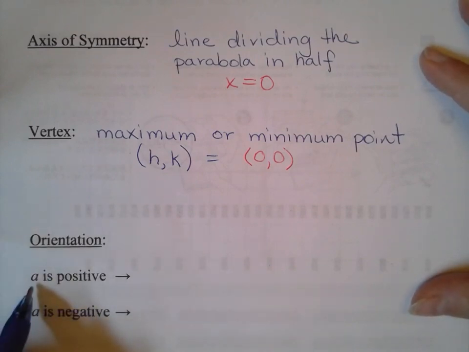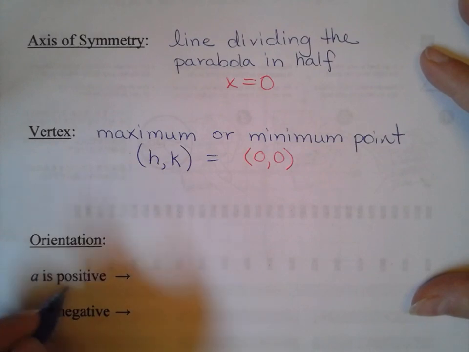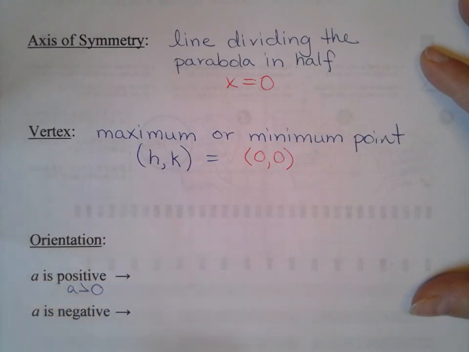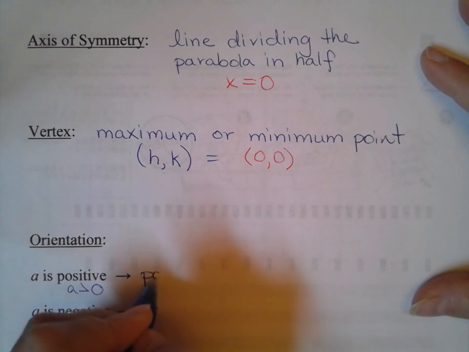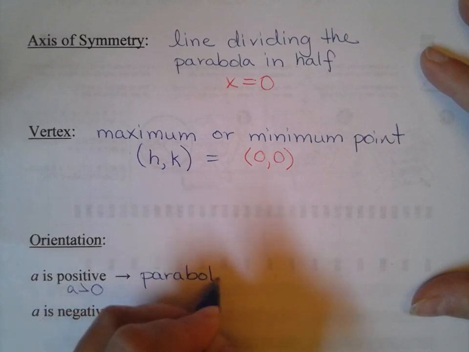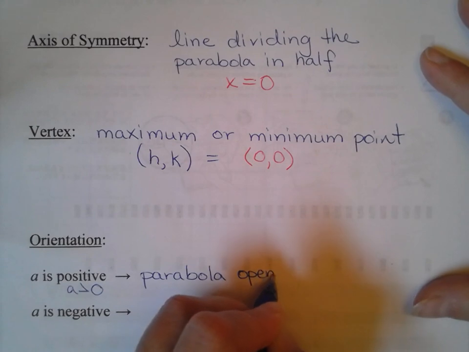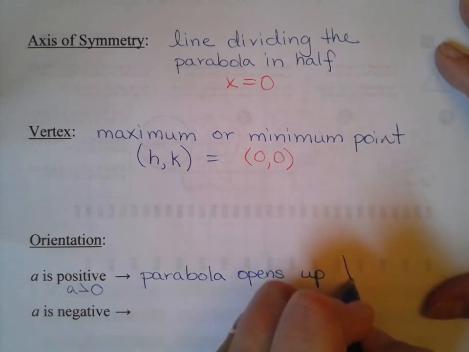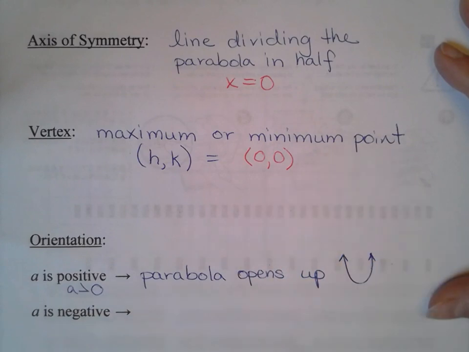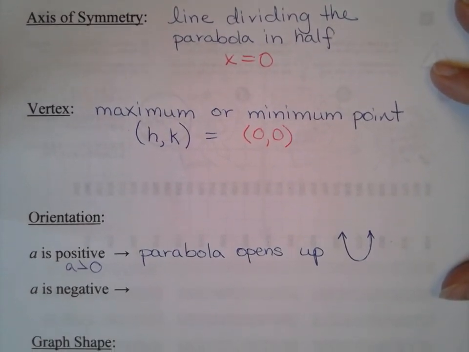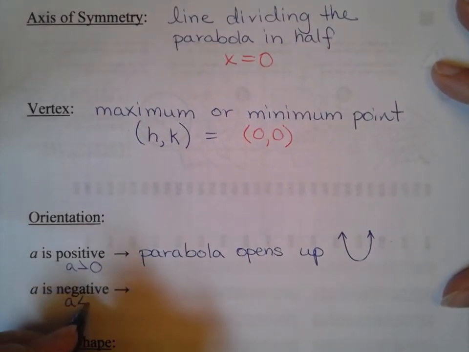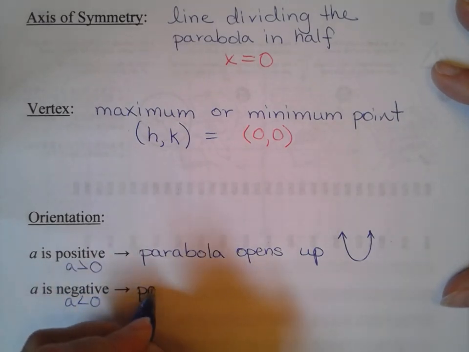If that number for a is positive or greater than 0, then we're going to see that the parabola opens up. And when that happens, when the parabola opens up, like the basic one we just drew, the vertex then becomes the minimum point. It's the lowest point on the parabola. If that number for a is negative or less than 0, then the parabola opens down.